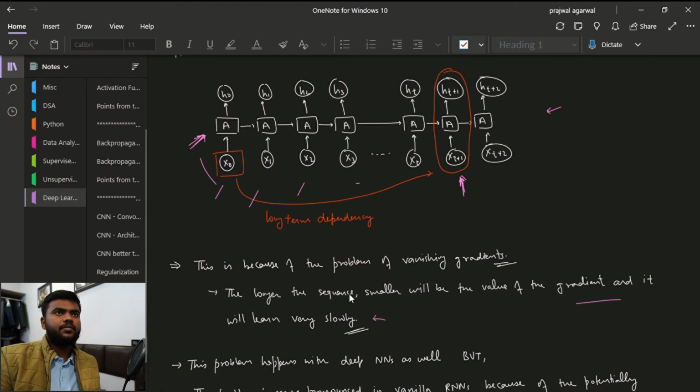So basically, when our sequence or data becomes very huge, for example in stock market analysis, if you are dealing with a large range of prices, like prices of the last 20 years, in those cases when the sequences are very long, the gradient becomes small and our model starts learning very slowly. This is the problem.